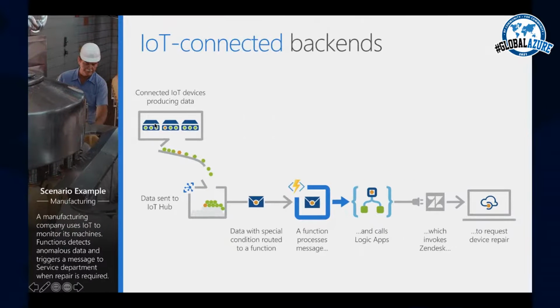It's also using different Logic Apps, Azure Logic Apps integrations, to even invoke an application like Zendesk, creating a request for repairing that specific machine which is getting delayed, right? And getting anomalies, right?